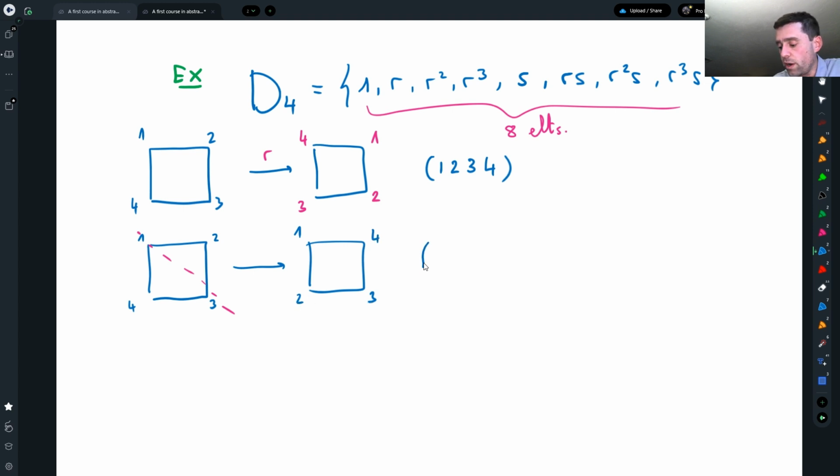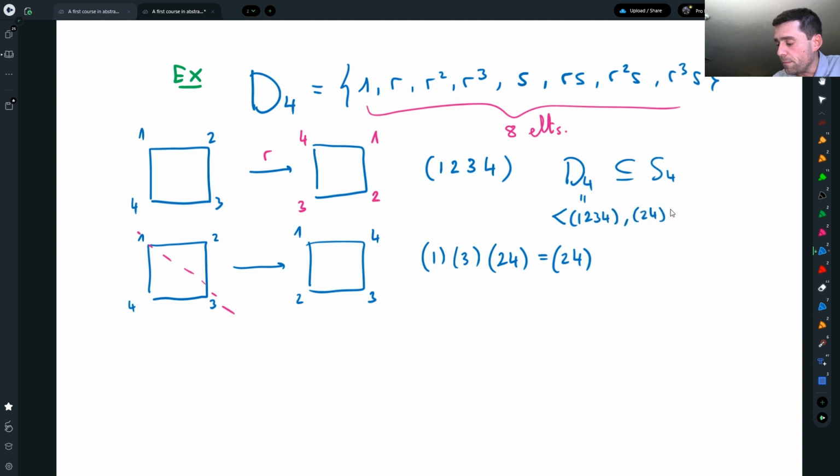So what element is that? 1 stays put, 3 stays put, and 2 and 4 switch. So it's this element, which is just 2, 4. So D4 as a subgroup of S4 is generated by 2 permutations, which is the subgroup generated by 1, 2, 3, 4, and 2, 4.